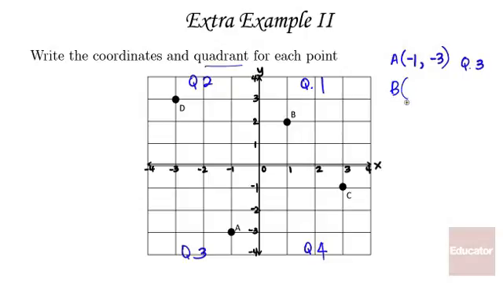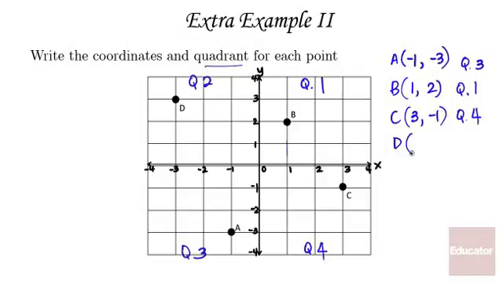B, point B is x is 1, y is 2. So 1 comma 2, and that's in quadrant 1. C, it's right there, so 3 as my x, negative 1 as my y, that's in quadrant 4.